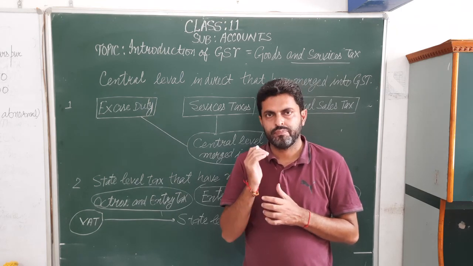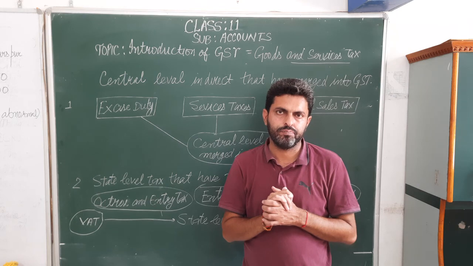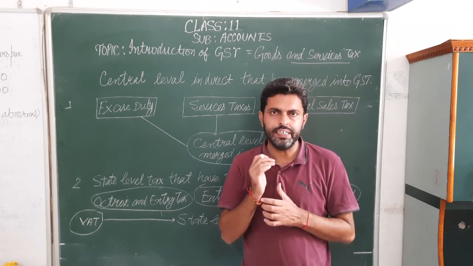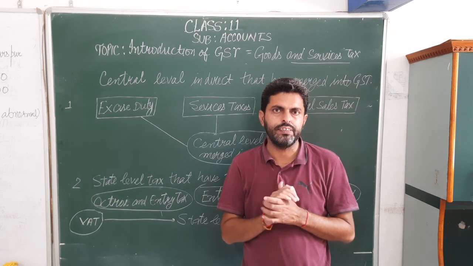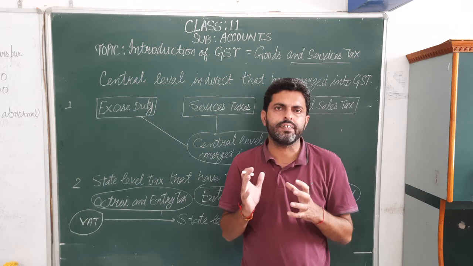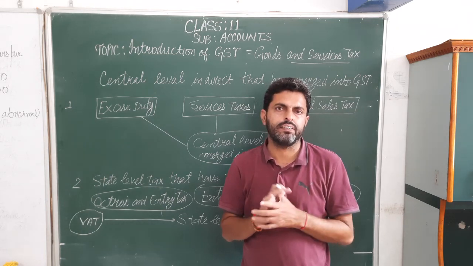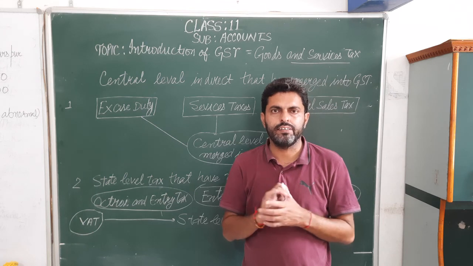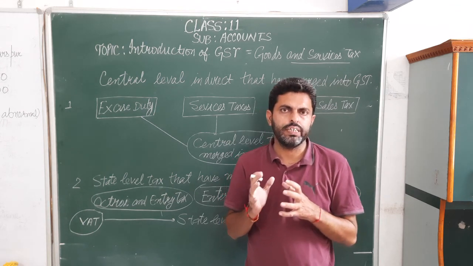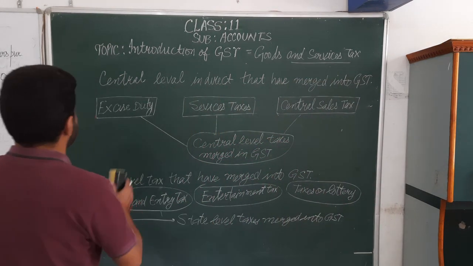First, essential items including food 0%, common use items 5%, standard rate 12%, and maximum use goods and services standard rate 18%, and luxuries and tobacco items 28%. These are five main slabs.